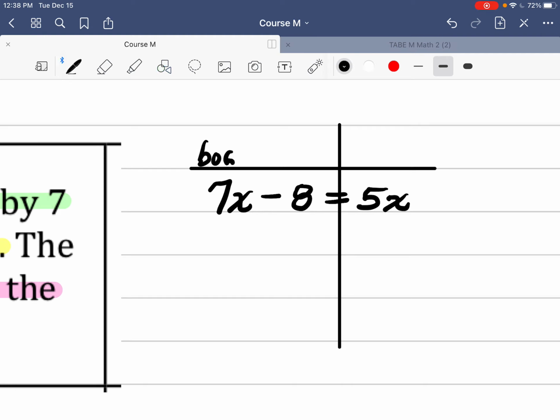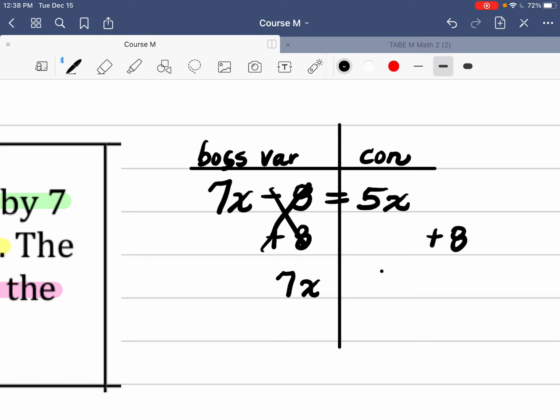The boss variable is on the left. So I'm going to move this 8 away from that boss variable. I just have to put it right there. That's okay. So I'm left with 7x's and then 5x plus 8 over here.